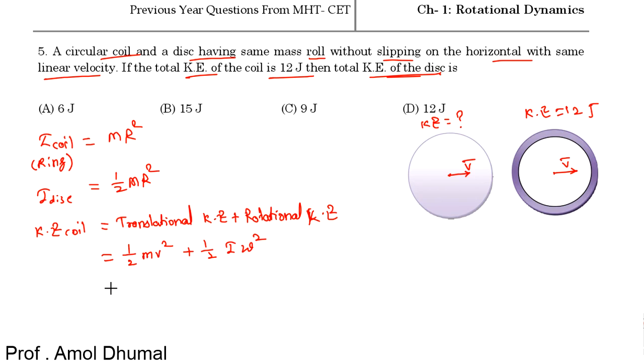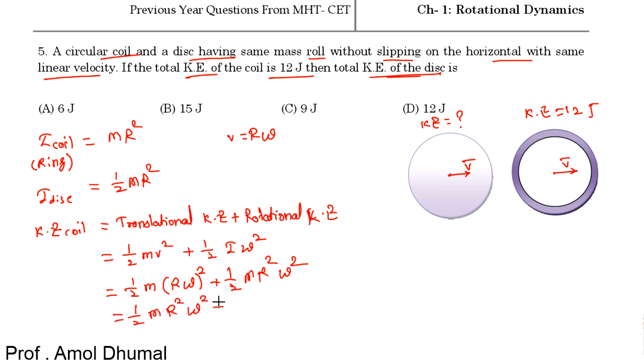I is the moment of inertia, and linear velocity v is equal to r omega. So 1 half m r square omega square plus 1 half m r square omega square.